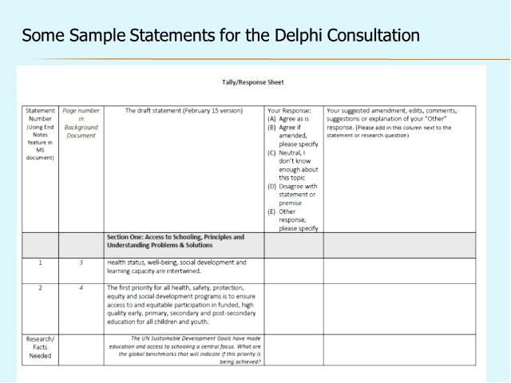And then you can see the 5 responses that we're asking people to consider: agree, amendment, the neutral, disagree, and also adding another response, and then allowing people to edit the statement or to make a comment in that final column there.